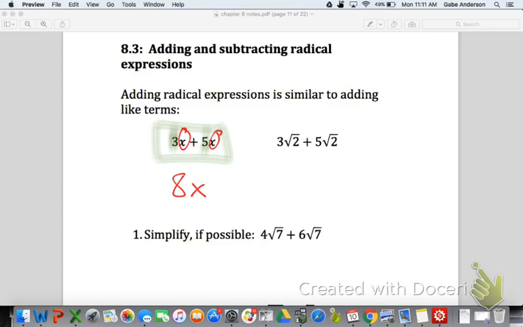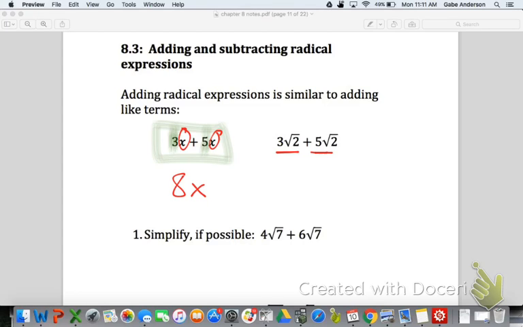I would look at these two terms, 3 root 2 and 5 root 2, and I'd ask myself, even though those are not variables, are those like radicals? Aren't they both square roots of 2? Now, if one of them was a square root of 2 and the other one was a square root of 11, then they would not be like radicals, and that would change how we handle this. But because those are like radicals, we can add them as if they are like terms, like we did on the left.